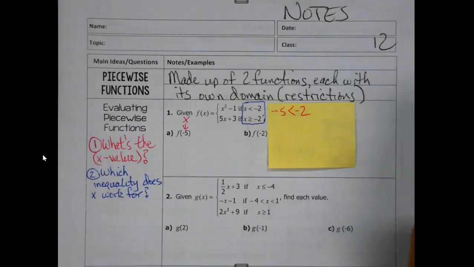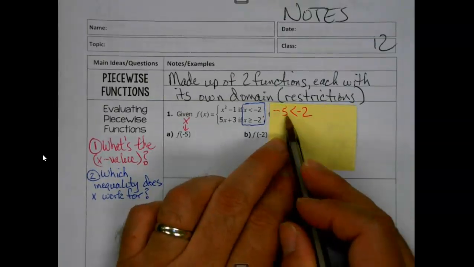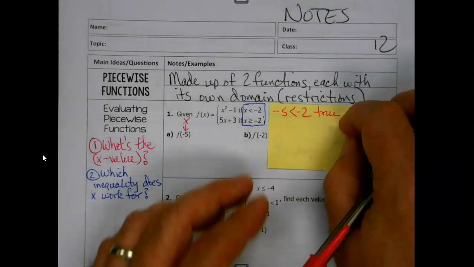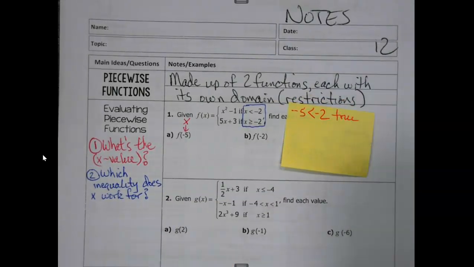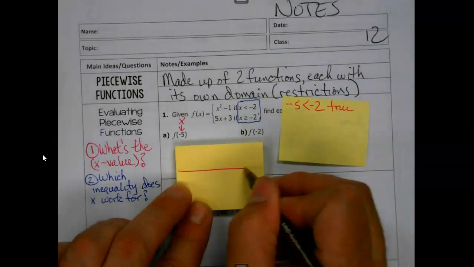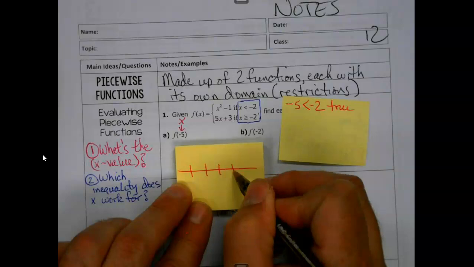Ooh. Would you rather owe your friend $5 or $2? 2. Okay, so 2 is greater. We'd rather owe them less. So this is true. This gets to be a little bit tricky.